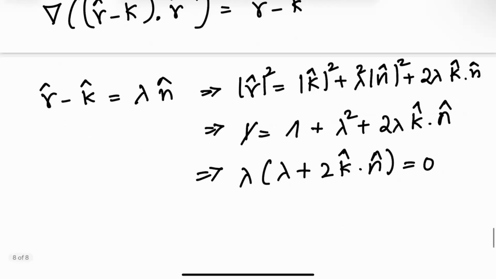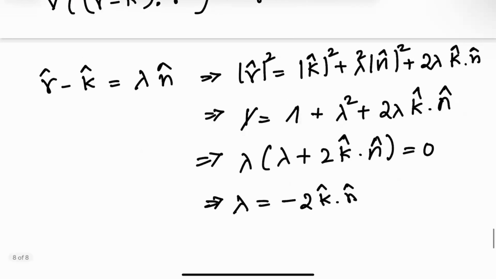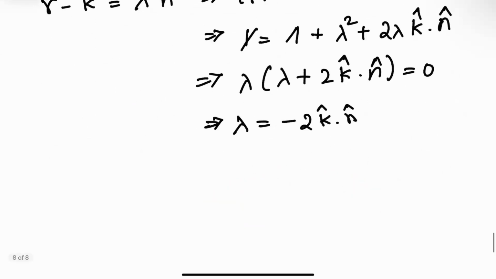And of course, lambda is not 0. The non-trivial solution to this is that lambda equals minus 2 k hat dot n hat. I can substitute that back in here, and that gives me a relationship between r, k, and n hat, which is what I was looking for.